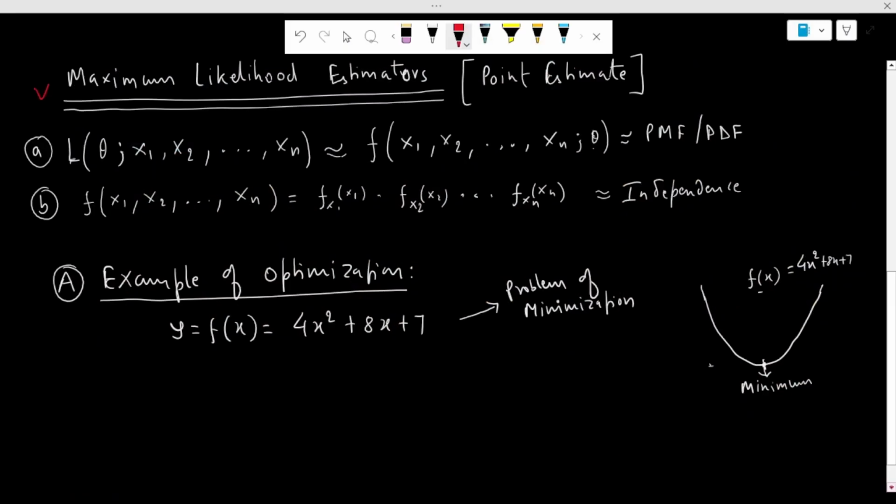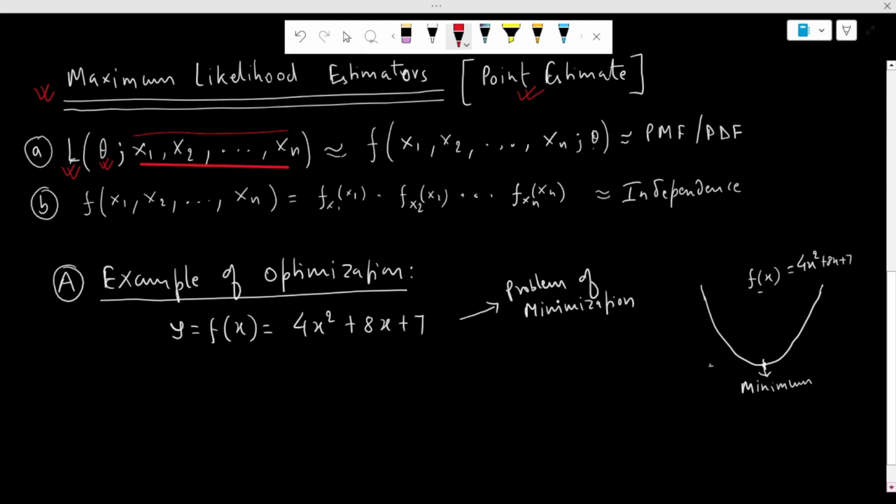The maximum likelihood estimator is also a point estimate. It helps us to calculate the point estimate, and these are some of the important points related to the maximum likelihood estimator. This is our likelihood function, and we don't know the parameter theta of the joint distribution created out of these data points, and these random variables are independent.